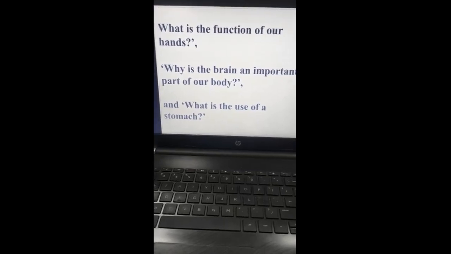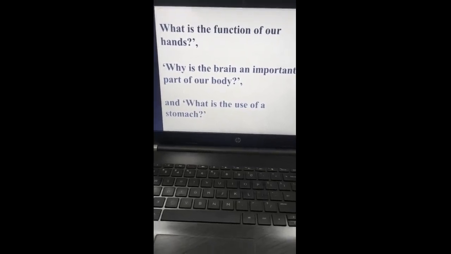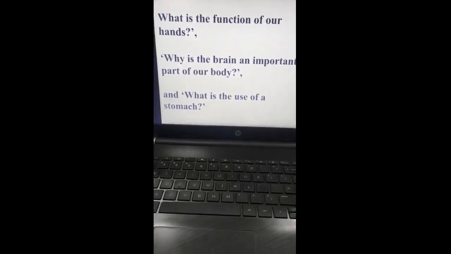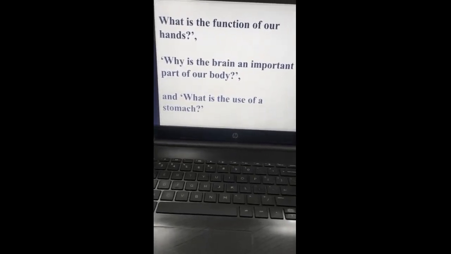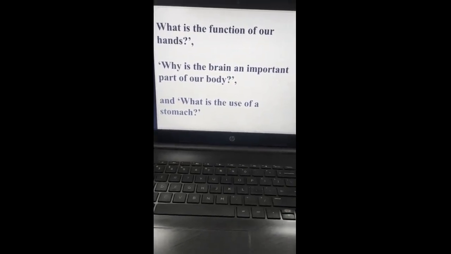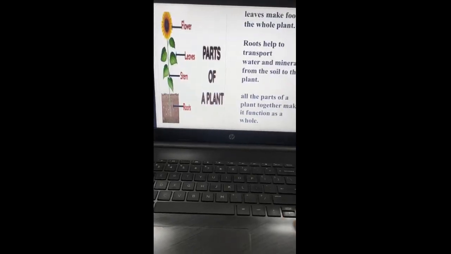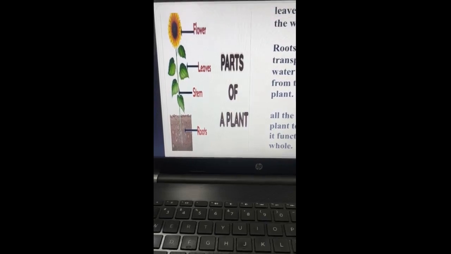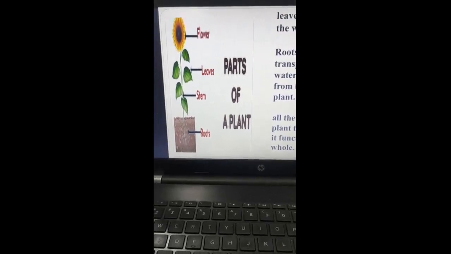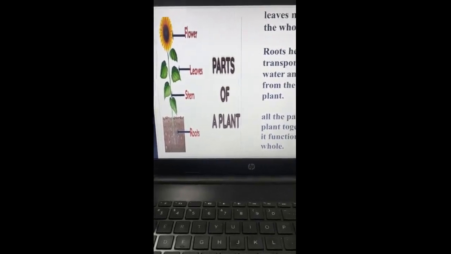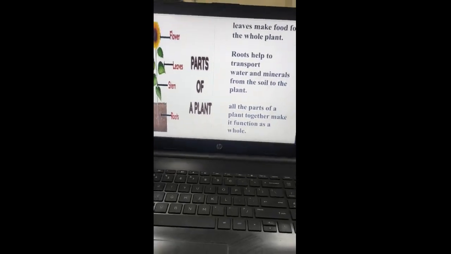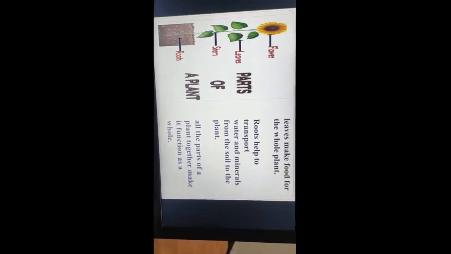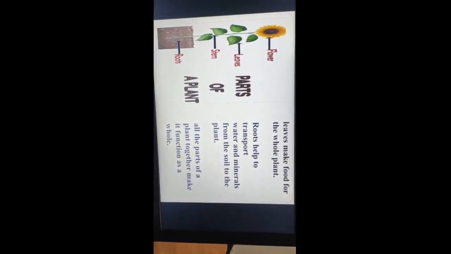So, dear children, here we have learned different body parts and their uses, or how they are functioning in our body. Similarly, dear children, do you know a plant also has parts like flower, leaves, stem and roots. What are the uses of them? So, leaves make food for the whole plant.